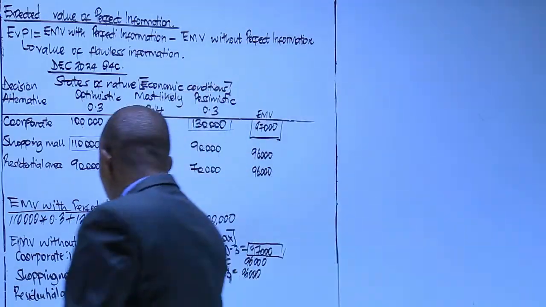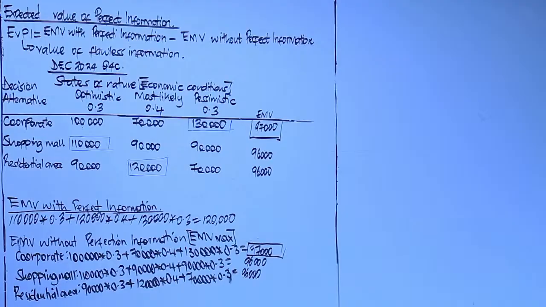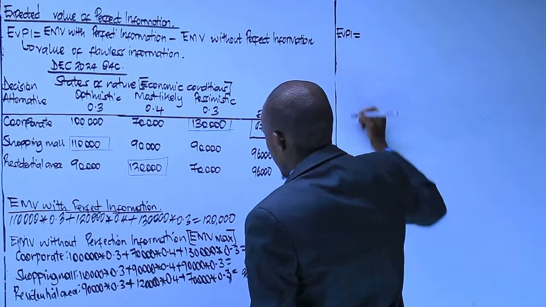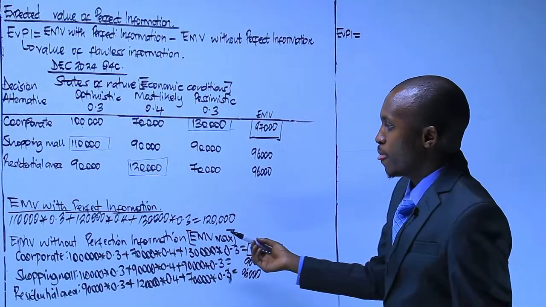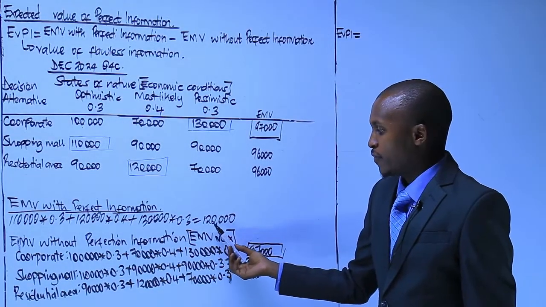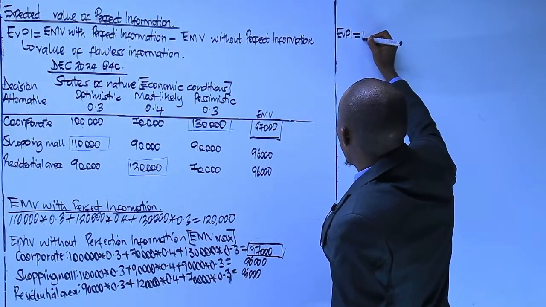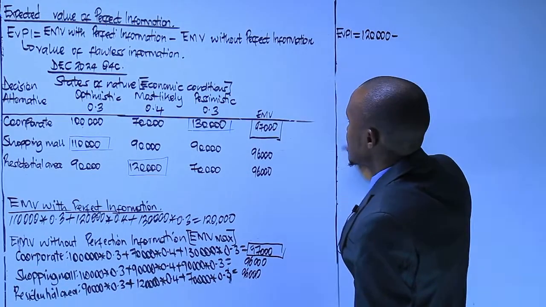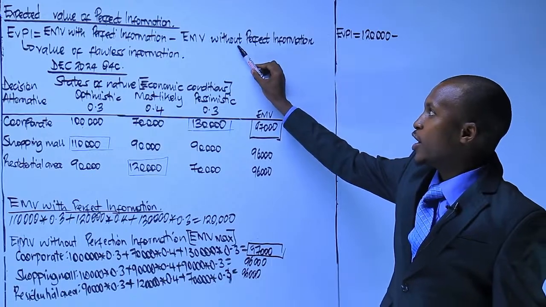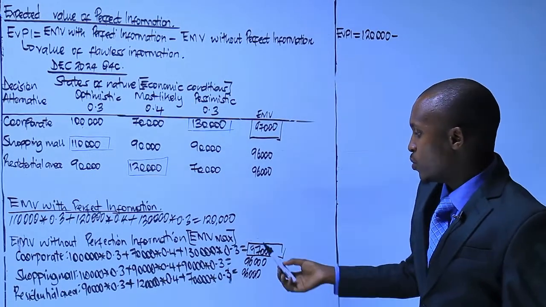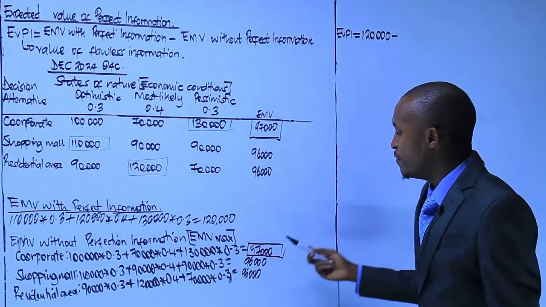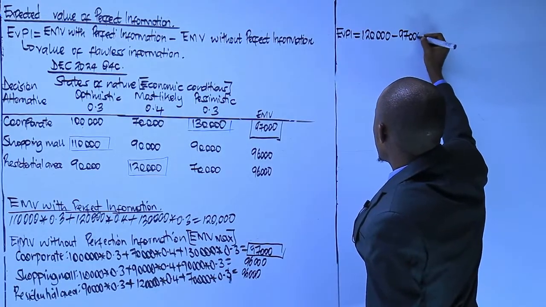So therefore, the expected monetary value of perfect information will be your expected monetary value with perfect information, 120,000, minus your expected monetary value without perfect information, which is the highest EMV, 97,000.